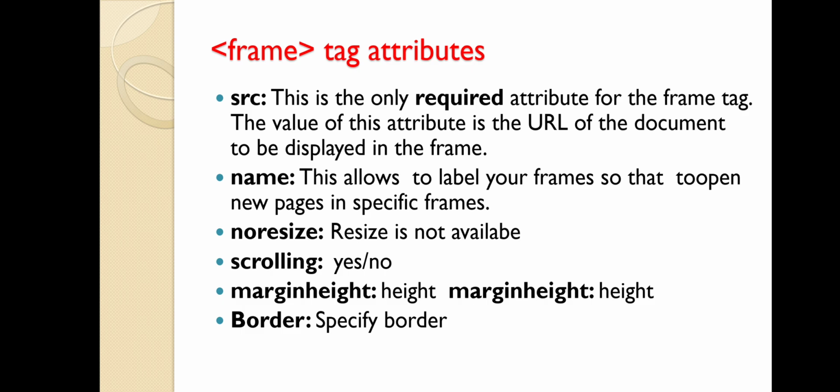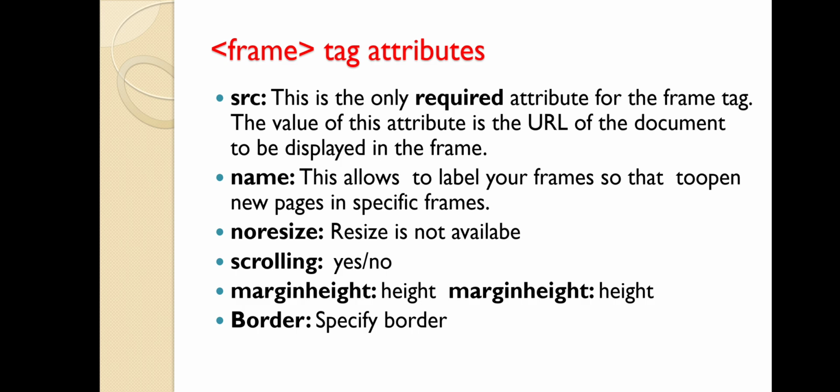The next attributes are marginheight and marginwidth. Those are the frame tag attributes. Another attribute is border. Border denotes the size of the border of the frame. So the frame tag has many attributes, but the compulsory attribute is SRC, that denotes the file name or path of the file that can be loaded in that region.